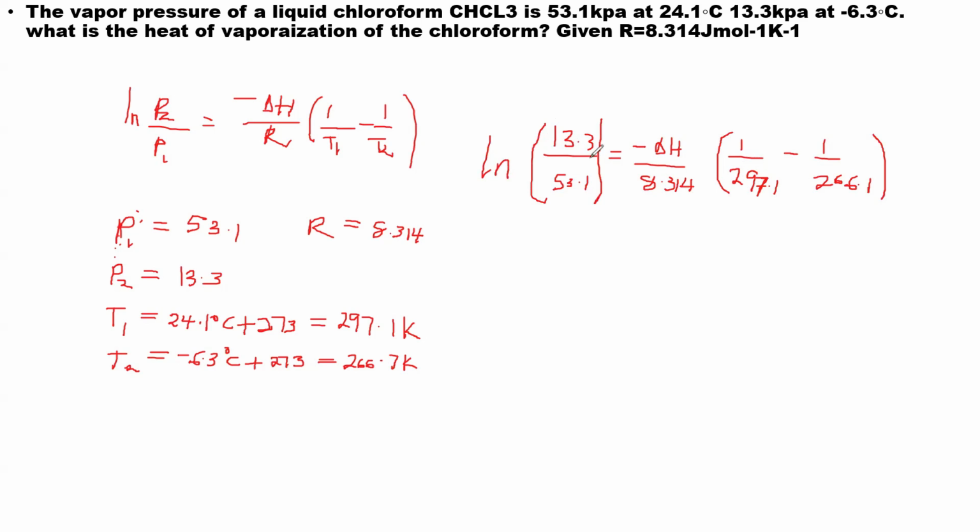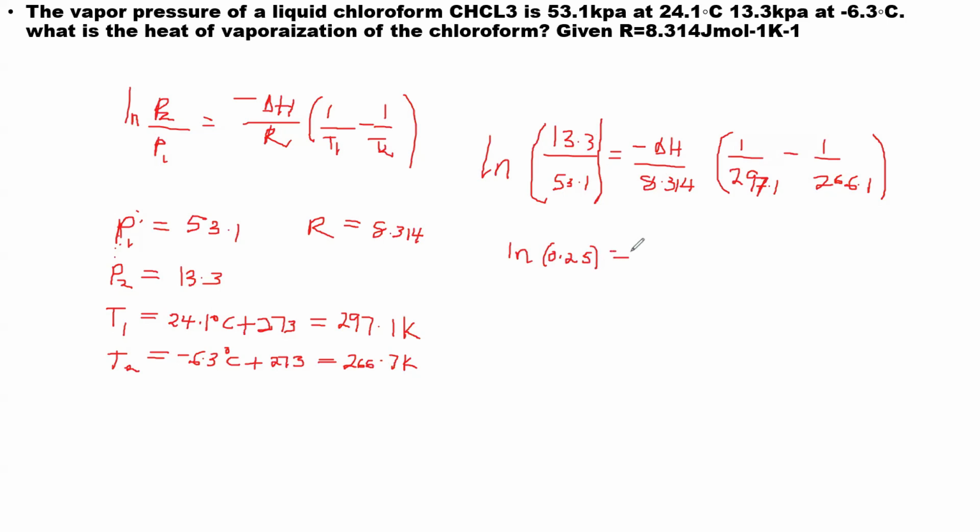So the next thing we are going to do is 13.3 divided by 53.1. This divided by this will give us ln 0.25, and we close the bracket.